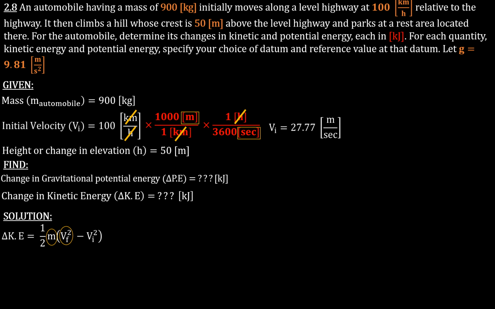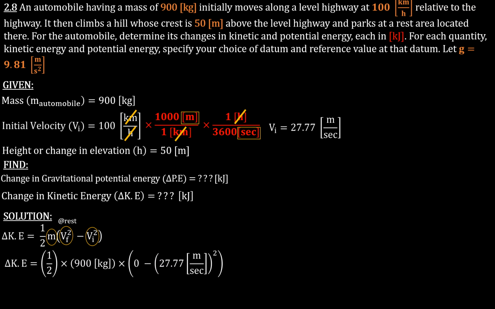That is its final velocity, because it is at rest. The initial velocity is given to us as 100 kilometers per hour, which we converted to 27.77 meters per second. We plug in the given values, and the answer will be negative 347 kilojoules.